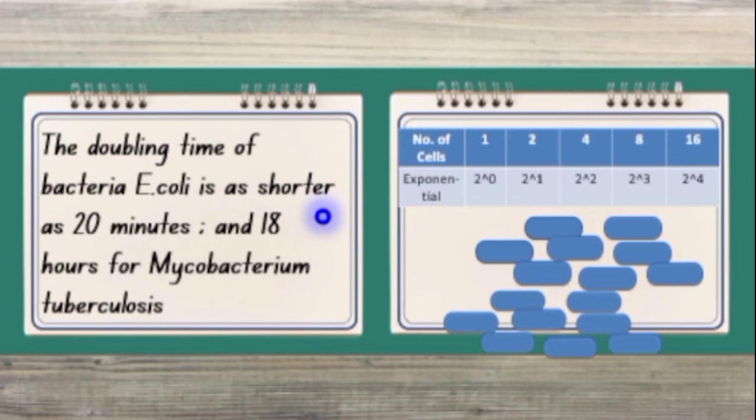Okay, by the way, Mycobacterium tuberculosis is another type of bacteria, particularly a member of the Bacillus family, and this one is the causative agent of the notorious disease called tuberculosis. Okay, imagine how fast its doubling time is.